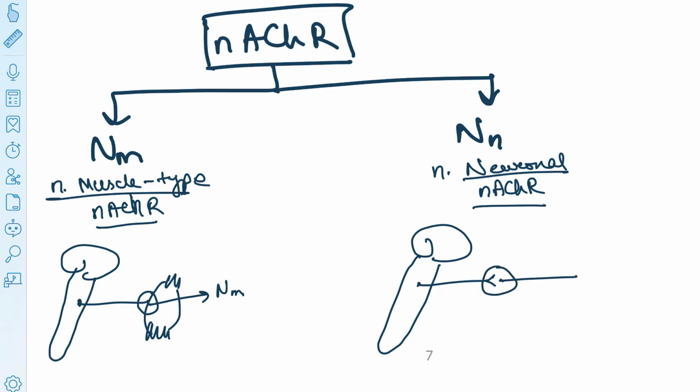And we have post junctional acetylcholine receptors, which further reach, suppose, the skeletal muscle. Okay, so here at the post synaptic region of the post ganglionic neurons, this is basically an NN type of nicotinic receptor. So these are present in the post ganglionic nerve. Whereas here on the skeletal muscle, these are the NM type of nicotinic receptors.